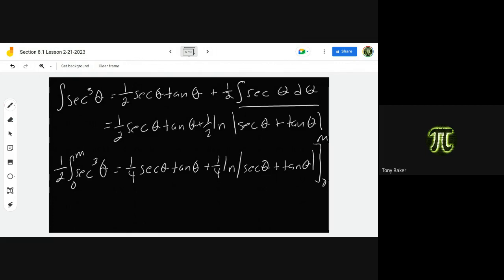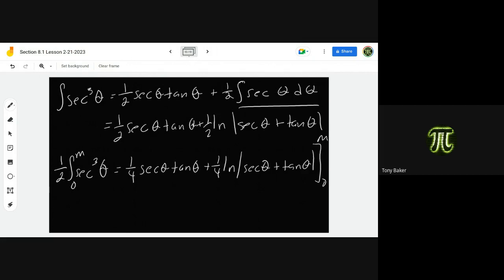Why is it 1/4? Because remember, we were finding the actual integral of secant to the third theta. By adding it back over, it gave me the integral of secant to the third theta. I wasn't originally looking for that. I was looking for 1/2 of that.